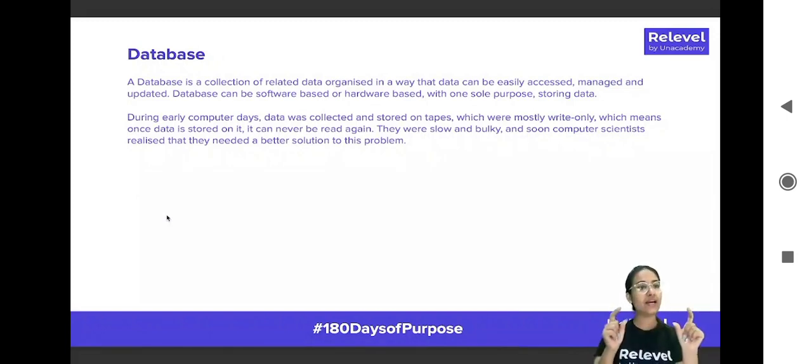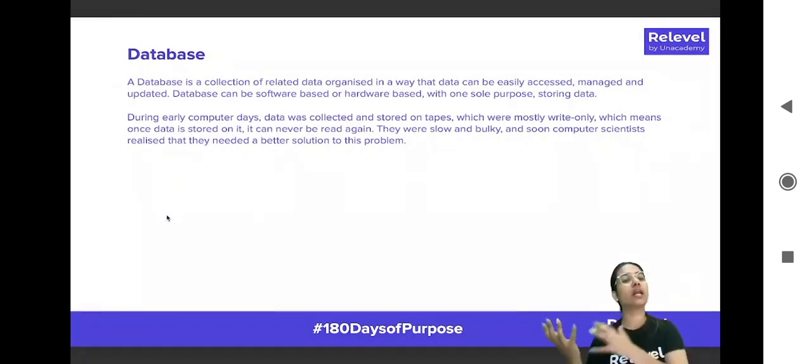But anything that stores related data is a database, okay? Anything that stores a collection of related data in a very organized way will be called a database. Now, a database can be present as a software in your computer where it is storing all the information, or you could be using external hardwares as well.